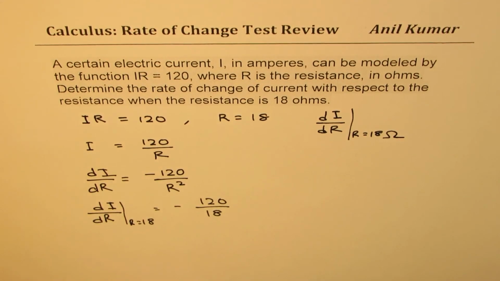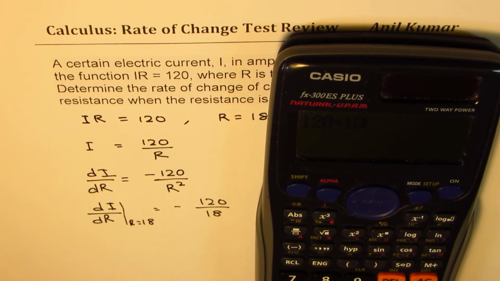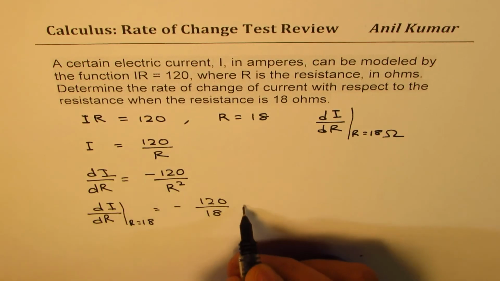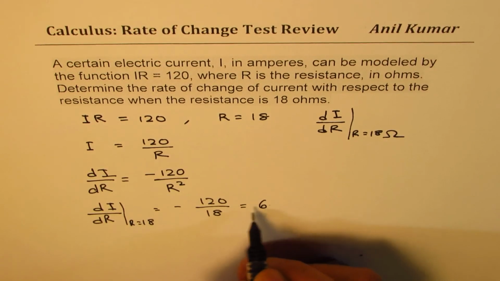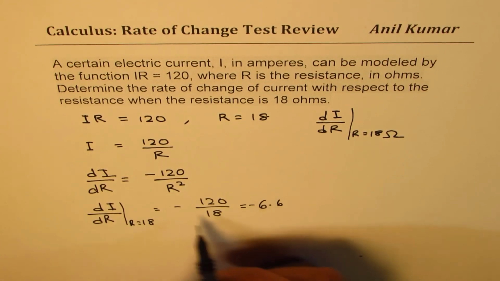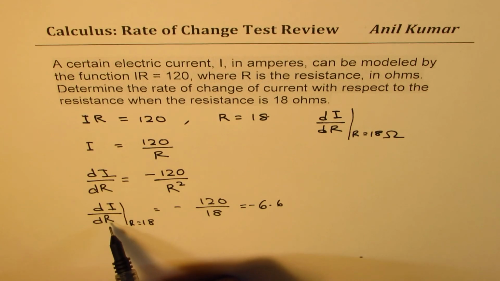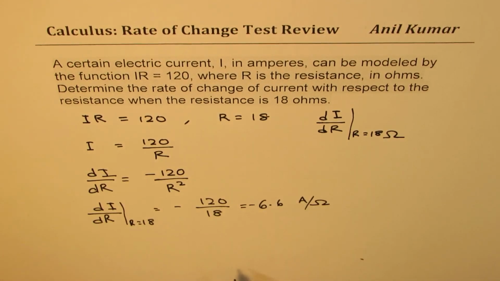Let's use the calculator. 120 divided by 18 equals, in decimals, 6.66, or we could also write in fractions. Now let me write minus 6.6, and the units will be amperes per ohm. So that becomes the units for the given condition.